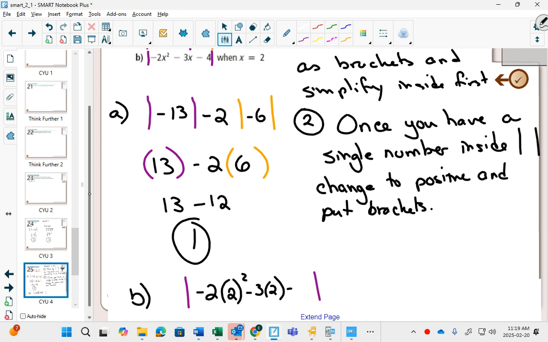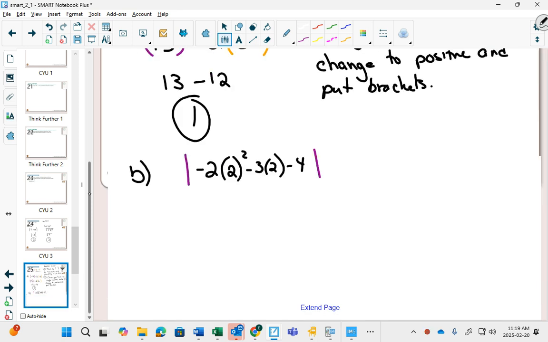And again, even though there's a bunch of negative signs, I will simplify inside first. This will be 2 squared 4, negative 8, minus 6, minus 4, which ends up being minus 18.